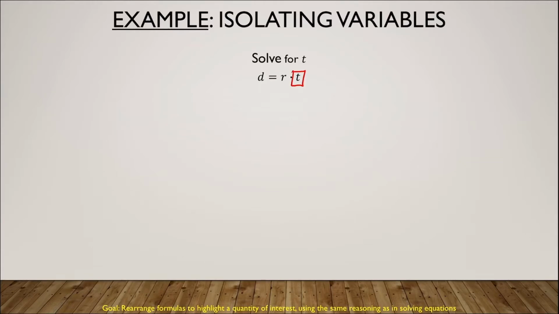So to move it to the other side, I have to do the opposite of what's already happening, which is division. So I'm going to divide both sides by r. Those r's cancel out, and I get d divided by r equals t. Simple. That's all we're doing.